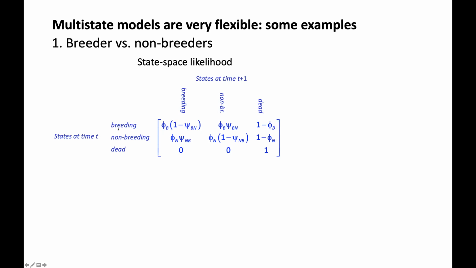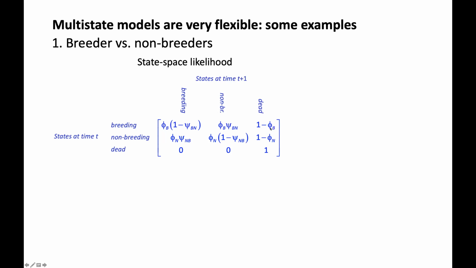Or if you were a breeder at time t, then you go to the non-breeding state with this probability here: you survive, you stay in the alive state, but you go to the non-breeder state with the transition probability from breeder to non-breeder, okay? And you may die, of course, with probability 1 minus the survival probability.